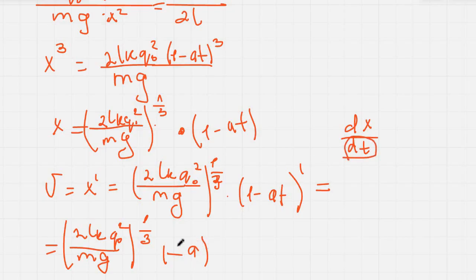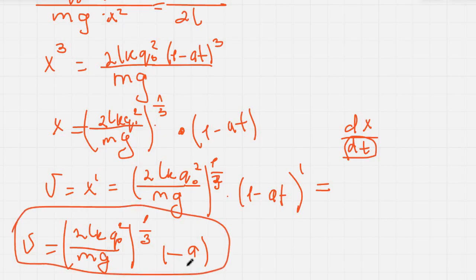That's why it will be minus a, and it's our final answer. It's our velocity, and the negative sign indicates the spheres are moving toward each other. So thank you. Goodbye.